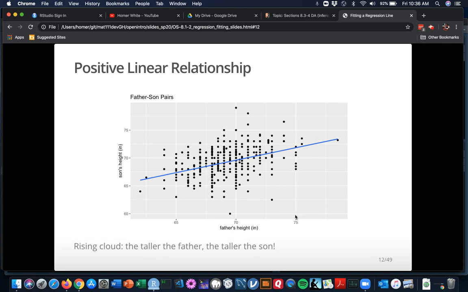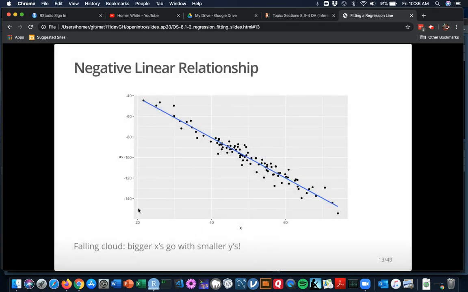Tall dads are over here, and you look at their sons, and they're higher up on the y-axis. The taller the father, the taller the son. That's a positive linear relationship. Here's some artificial data that illustrates a negative linear relationship. The bigger the x value is, the lower the y values are.